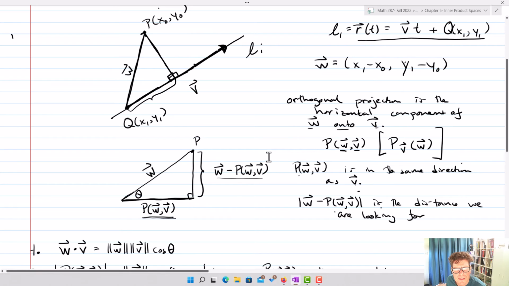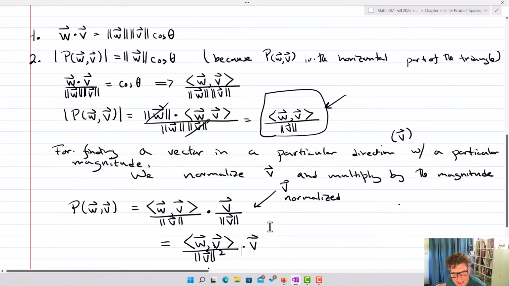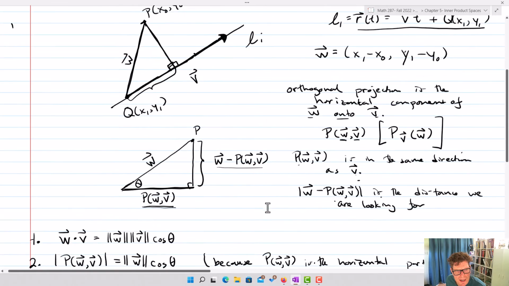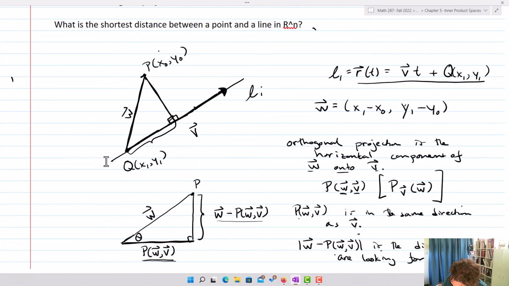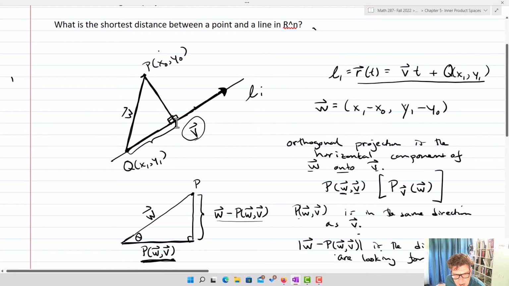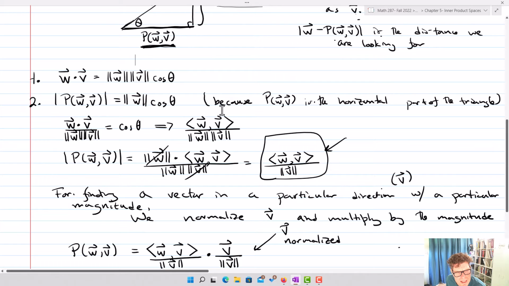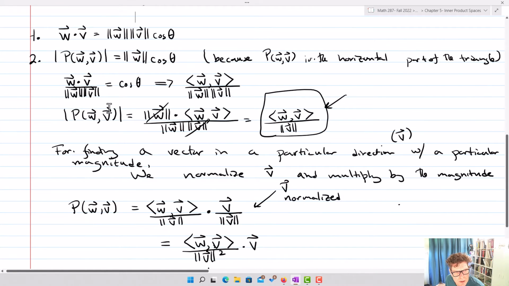If we look at this, it makes some sense. Here L1 has its direction vector V, and we're going to create an orthogonal projection called P of WV, which is in the same direction as V. We utilized some information about the inner product to give us the magnitude of P of WV, and that's the inner product of W and V over the magnitude of V. That's its magnitude for the projection.